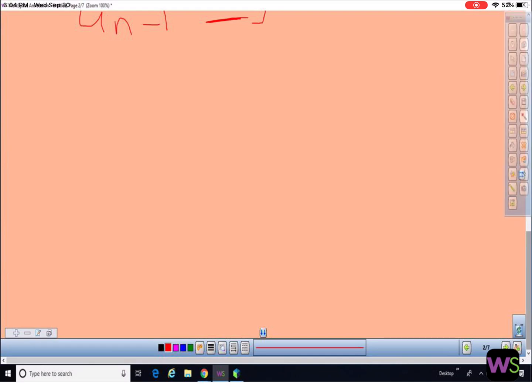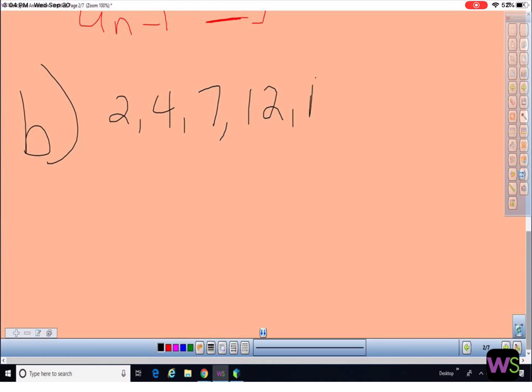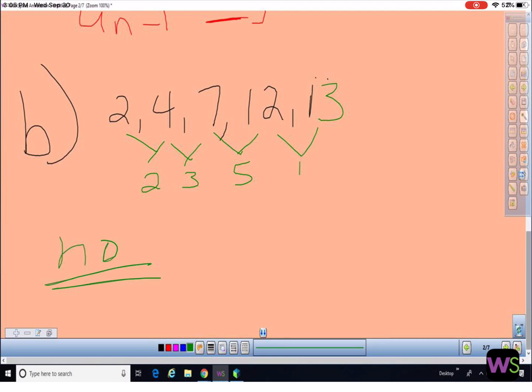So example B, they're giving me 2, 4, 7, 12, 13. Looking at it, I'm saying the difference of 2, difference of 3, difference of 5, difference of 1. So this one is not arithmetic because it doesn't have the same consecutive difference all the way through. So that was just the try it, giving you a couple examples.